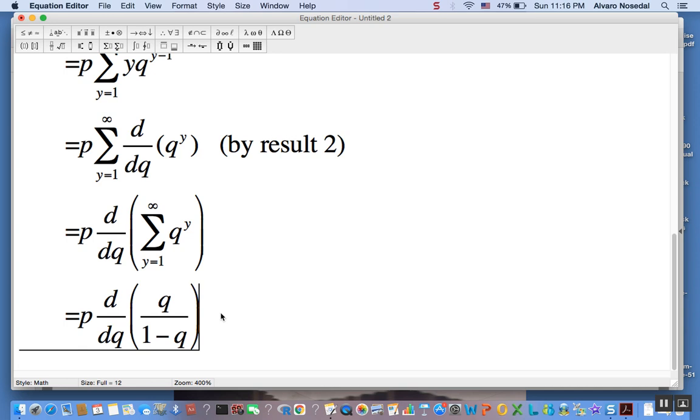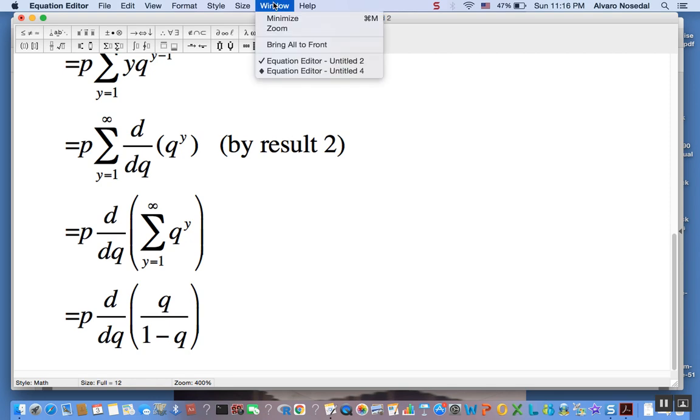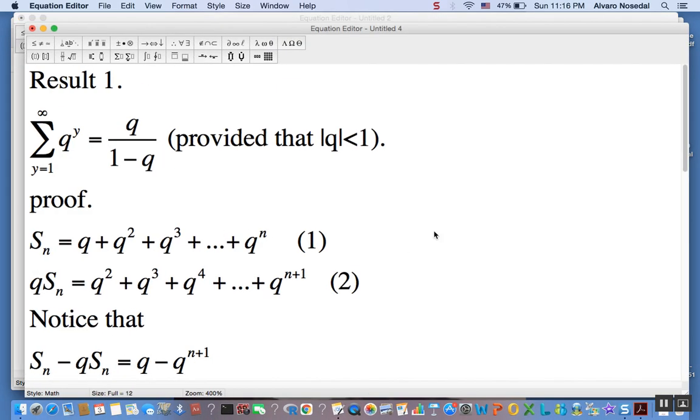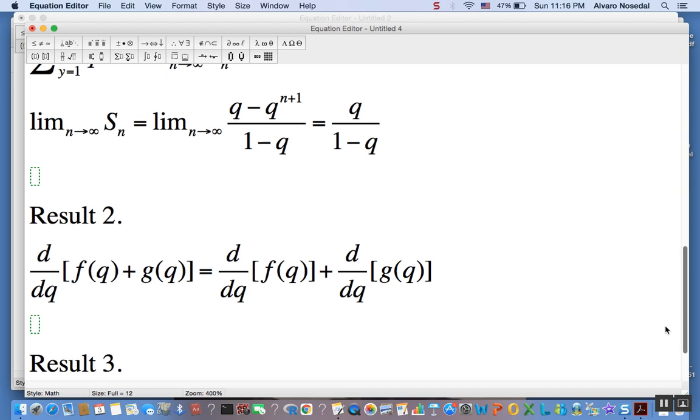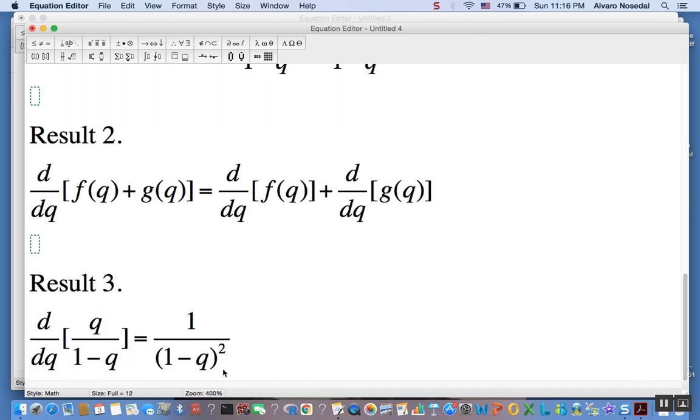Okay, and then by result 3, it's just taking the derivative of this expression. What we said is that the derivative of this expression is given by just 1 divided by 1 minus q squared, if I remember correctly. Yeah, there it is.